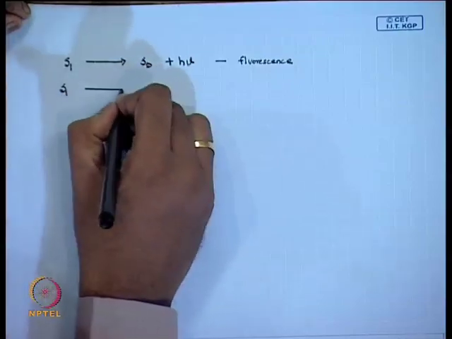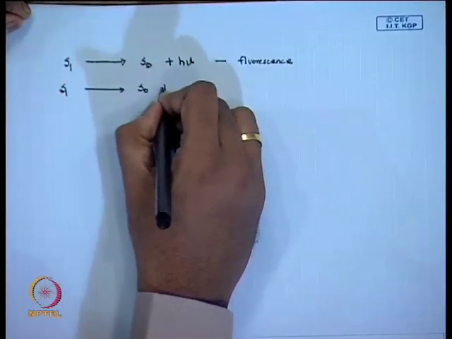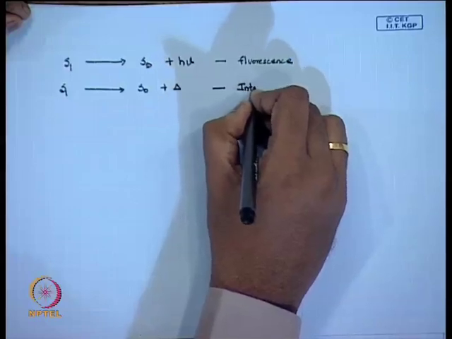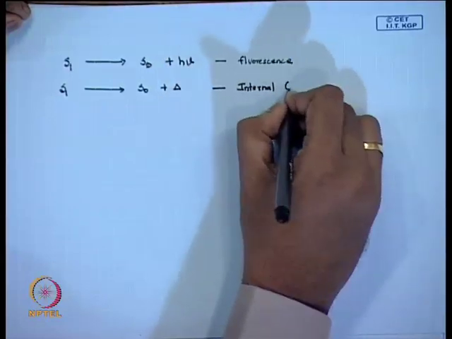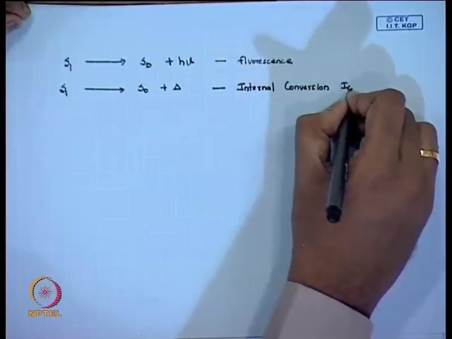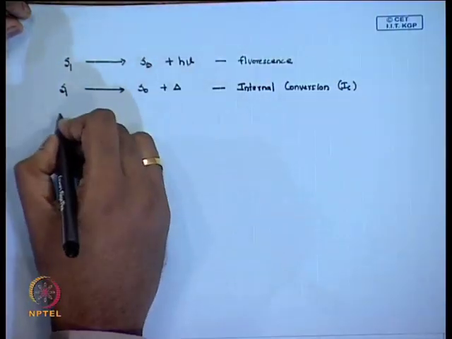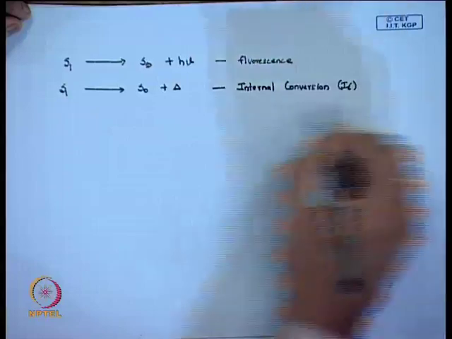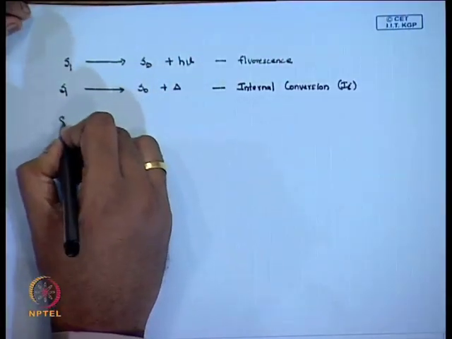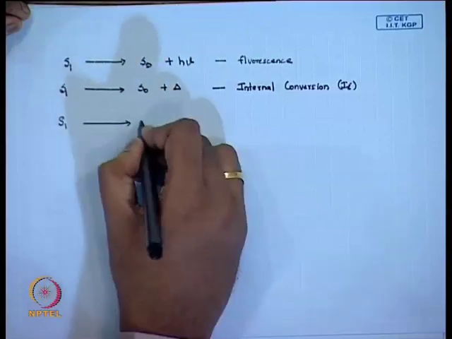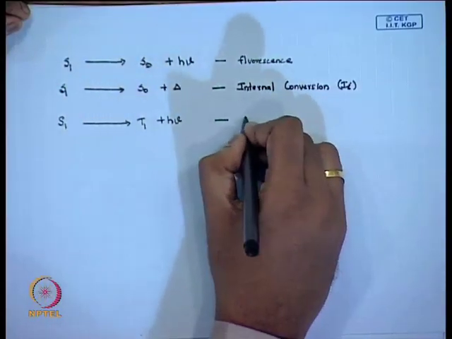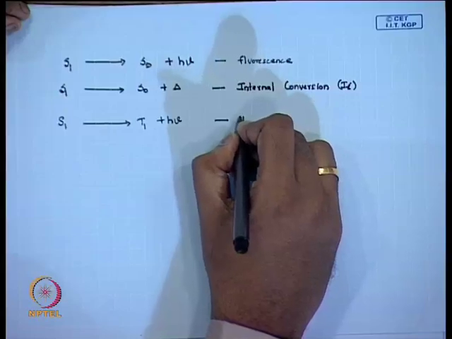If it goes from S1 to S0 by giving out heat, you call this internal conversion, which you call IC. If it goes from S1 to T1, you call this inter-system crossing.